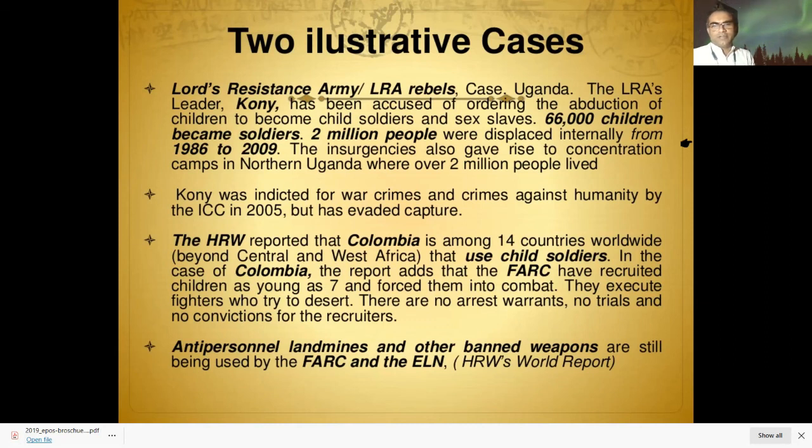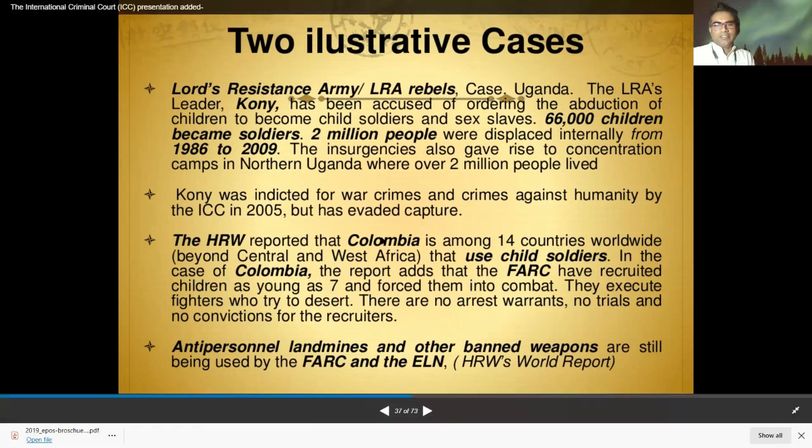There are no arrest warrants, no trials, and no convictions for the recruiters. Anti-personnel landmines and other banned weapons are still being used by the FARC and the ELN, as reported in the HRW World Report.